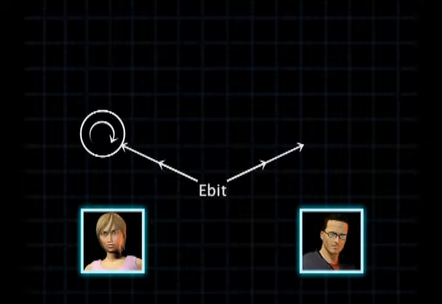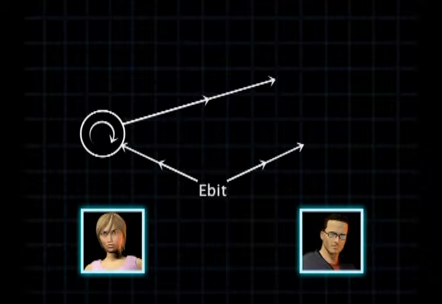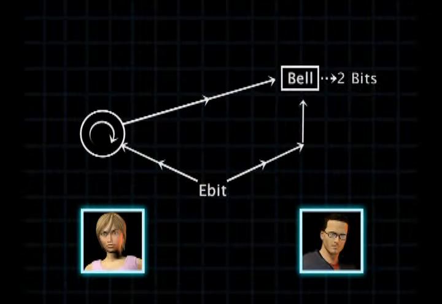And this rotation is determined by the 2 bits of her input message. And then Alice sends her qubit over to Bob. Bob now possesses both qubits. He makes the Bell measurement. He reads the output. The Bell measurement gives 2 bits of output and tells him exactly what Alice's message is.